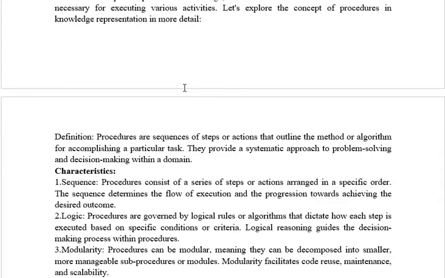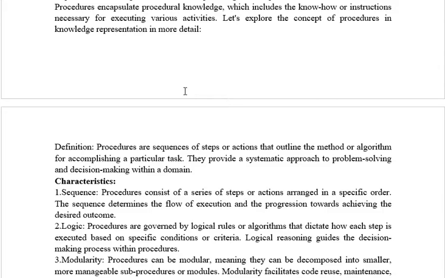Procedures also provide a systematic approach to problem solving and decision making within a domain. Problem solving means when a problem occurs, how to solve the problem. And decision making means what decision we have to take according to the particular situation if any problem occurs.